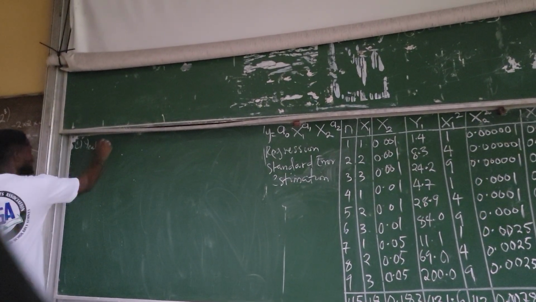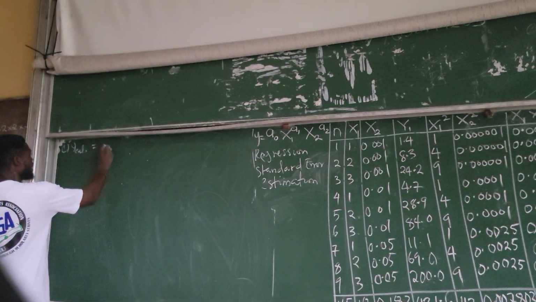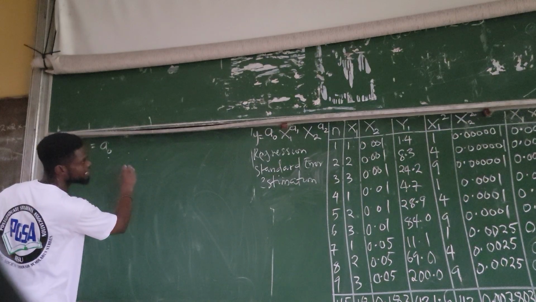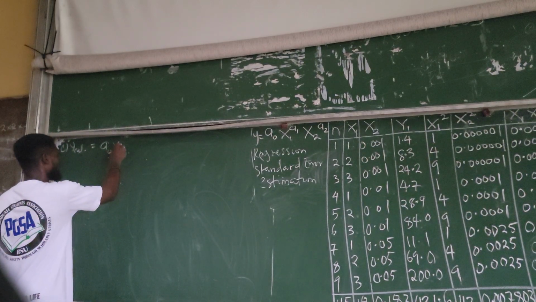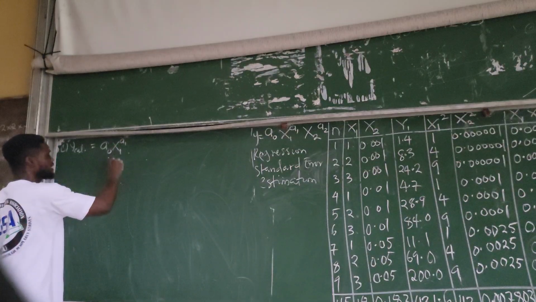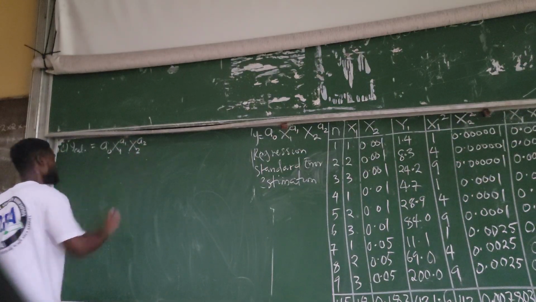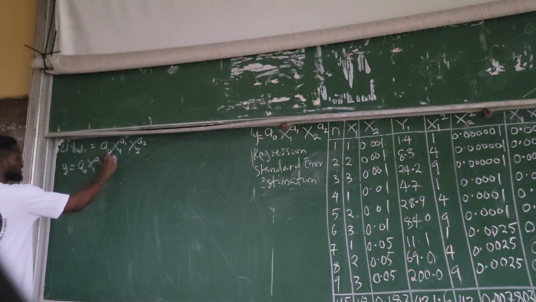Now remember what they gave us. Look at it here. They say that is A0, x subscript 1 A1, x subscript 2 A2. Now this is something as Y is equal to A0 x1 A1 x2 A2.